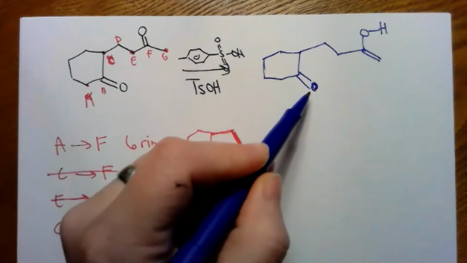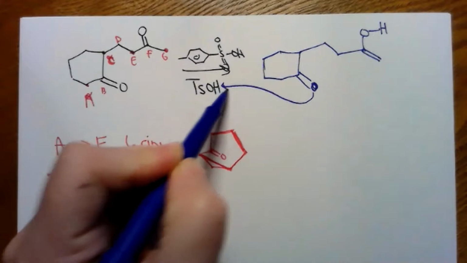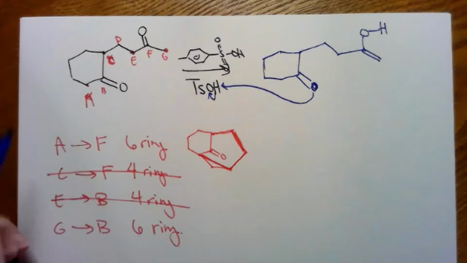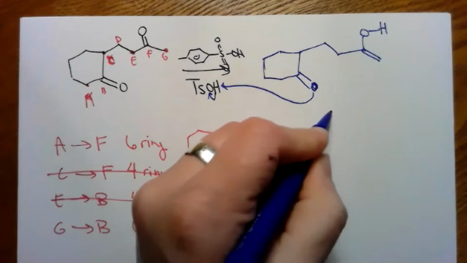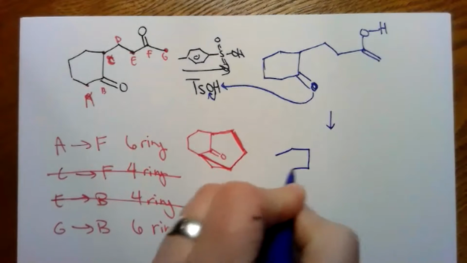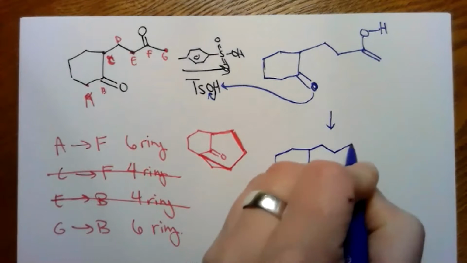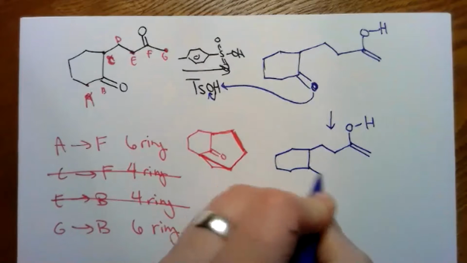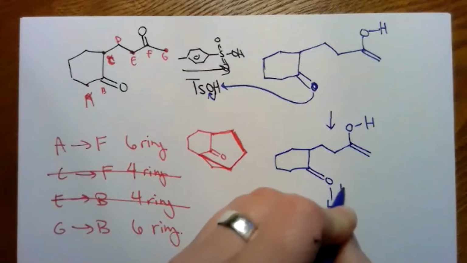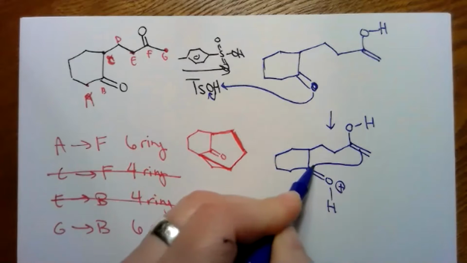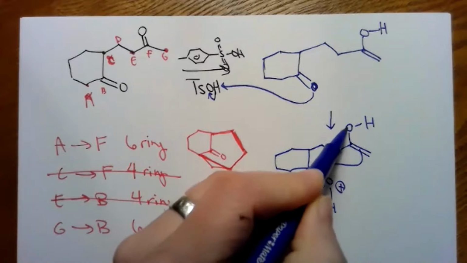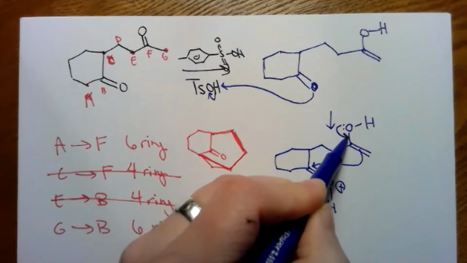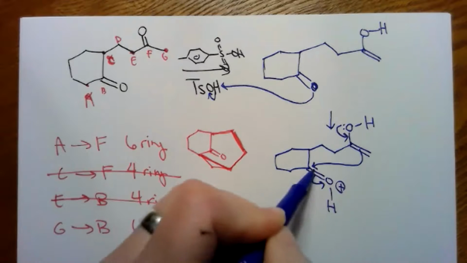When you're in acid, it's common, as we have seen previously, to protonate the carbonyl oxygen before you attack it. So let's do that. And then everything is poised and ready to go. Attack the carbonyl carbon. I'm going to do one more step and fold down electrons like that while I attack.